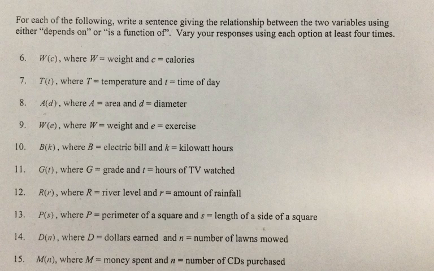So for example, on number 6, you can say the number of calories depends on weight, or the number of calories is a function of weight. But you need to use each of those wordings at least 4 times. Does that make sense to everybody?